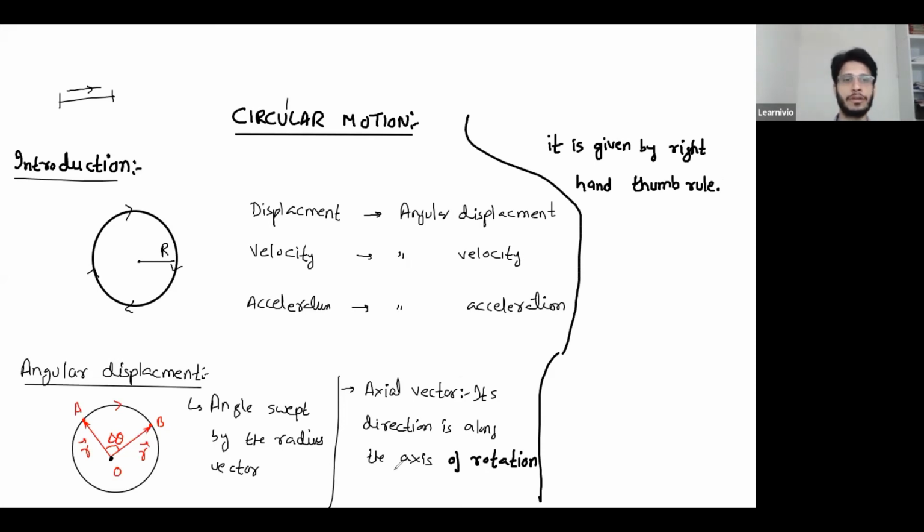This is an axial vector. Its direction is along the axis of rotation and is given by the right-hand thumb rule. This is what we call axial vectors.